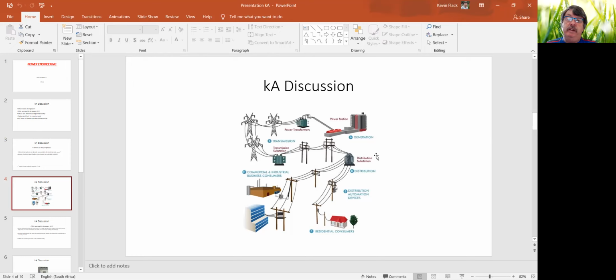This might be at anything between 11 and 66 kV, depending on the area you're in. And then eventually these travel right around the country, and there's a huge grid network in South Africa, as indeed most countries have that type of thing. And then a power station, hopefully a running power station, connected to it. And in fact, many power stations grid networked into that. So this is the source of the power.